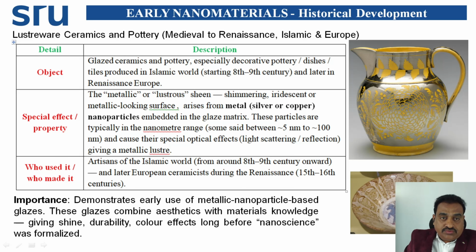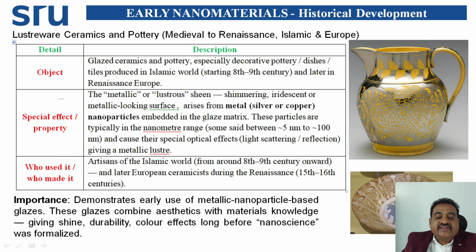So coming to the next one, you can observe here lusterware, ceramics and pottery related. Lusterware pottery from Islamic and European cultures used metallic nanoparticles to create shiny, colorful surfaces.